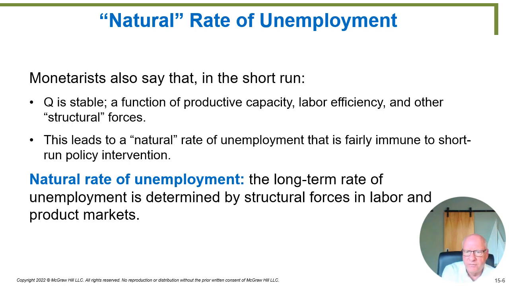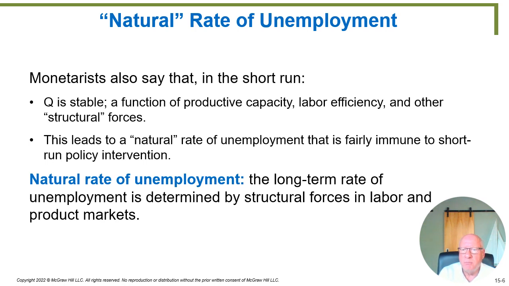So if the Q is stable, then this leads to something called the natural rate of unemployment. Now, the natural rate, you see it's in quote marks, it's natural in one sense of the word. It's the rate of unemployment that will naturally occur in a well-functioning economy based on its productive capacity, its labor efficiency, and other structural issues.